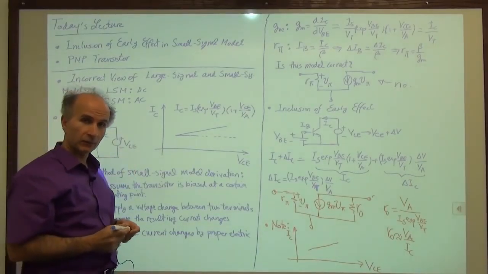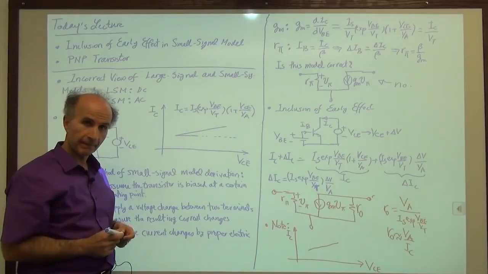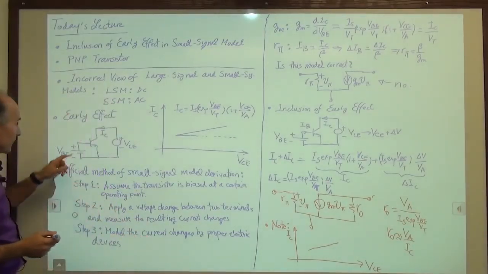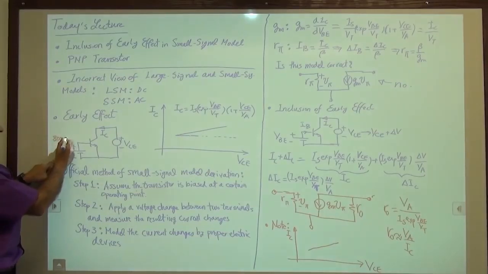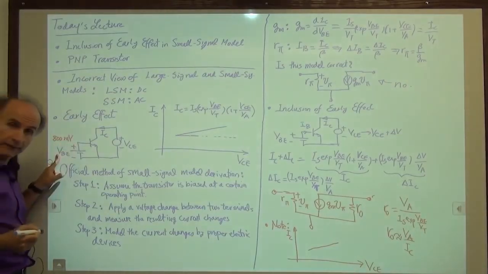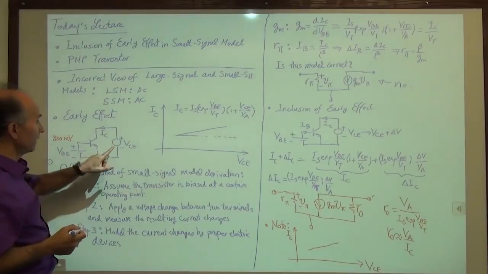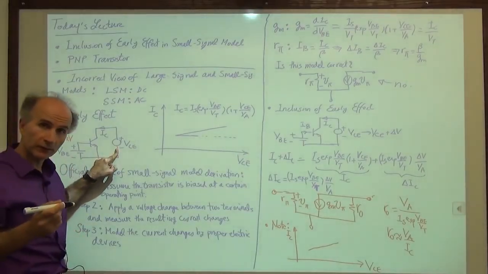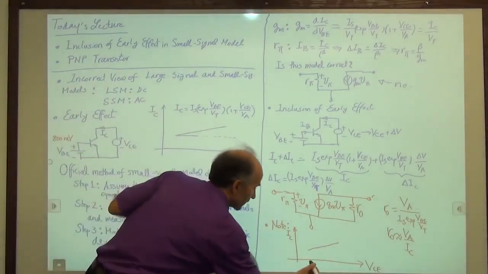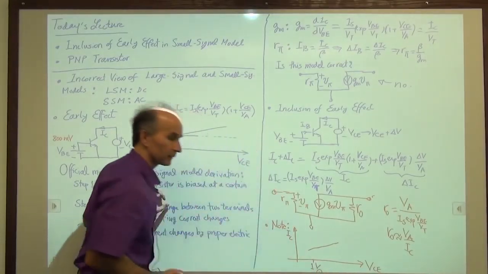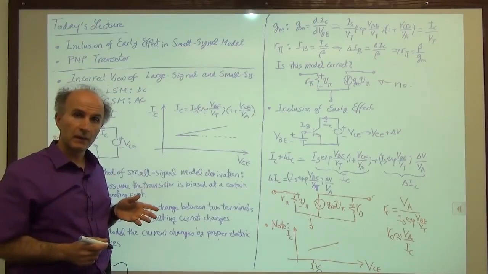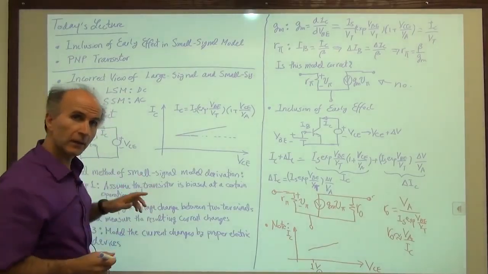What happens as this voltage collapses? Let's say the base emitter voltage is 800 millivolts, a typical value, and VCE starts at 1 volt. Is the device in forward active region? Yes.